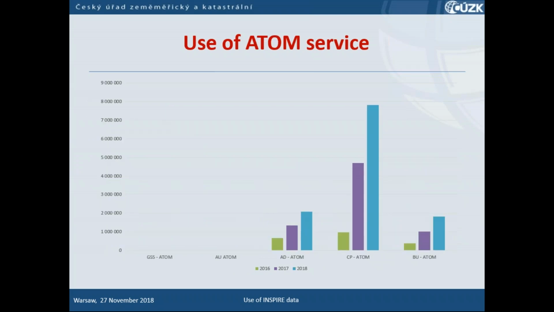Last one, there is a graph about item services as offline download. Our users use the offline services three times more than online.